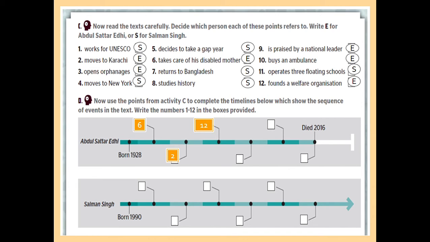Founds a welfare organization. 10. Buys an ambulance. Yes, this is number 3, that he opens orphanages. And the last thing about him is he is praised by a national leader. Thank you very much.